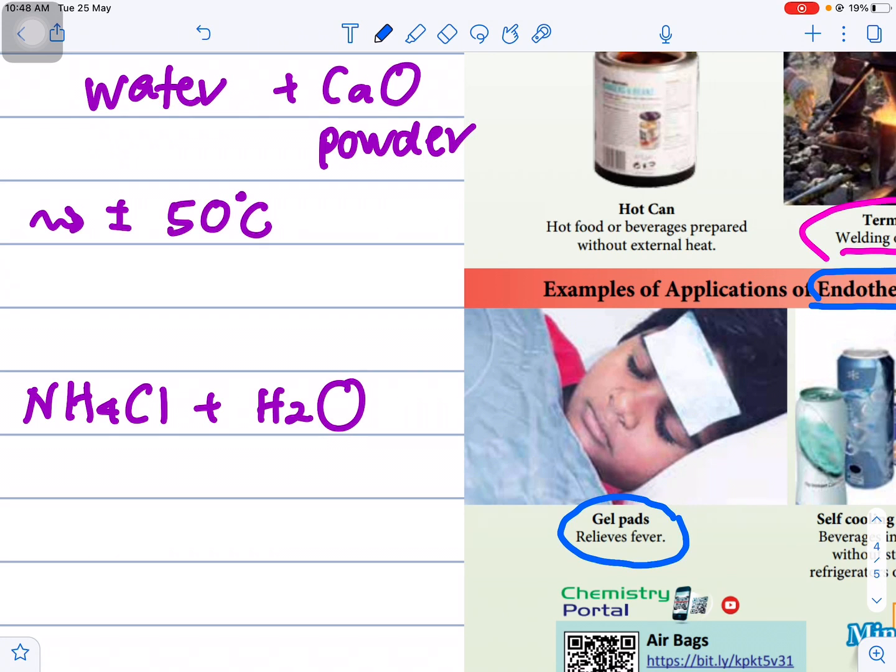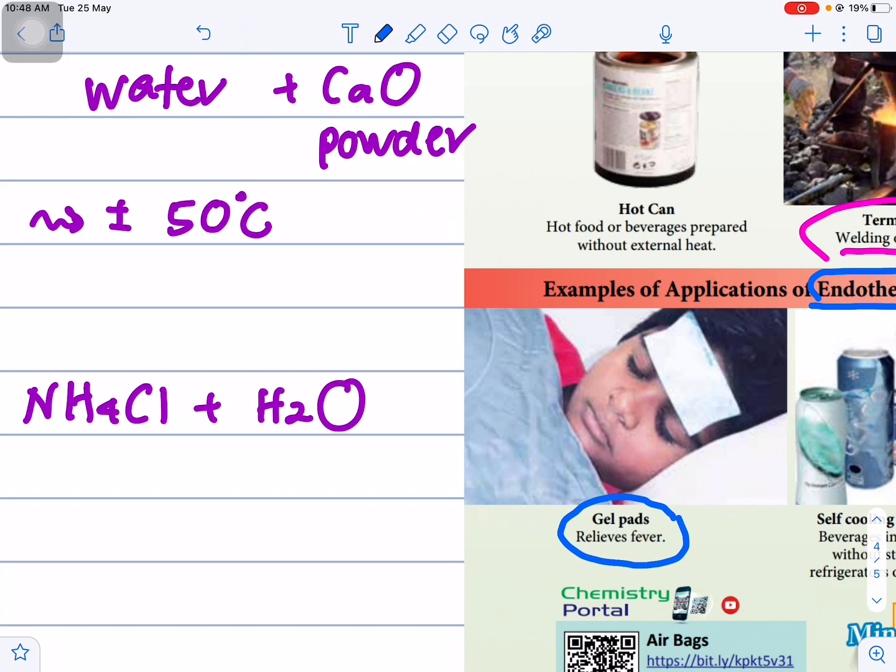When we want to use the gel pad, we just squeeze it, and the layers of the ammonium chloride and the water will break, making them mix. When ammonium chloride and water mix together, this reaction is going to absorb heat from the surrounding. As the effect, the temperature of the surrounding will drop, so the pad will be cool. That's why it is known as the cold pad.